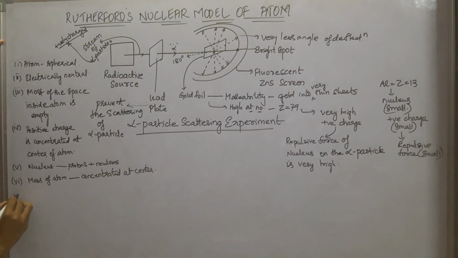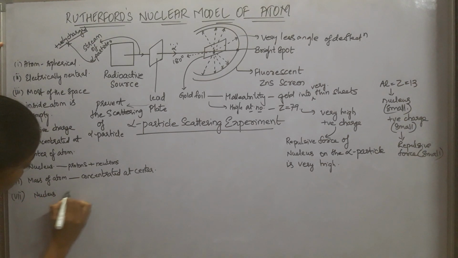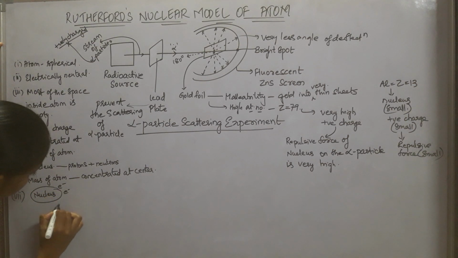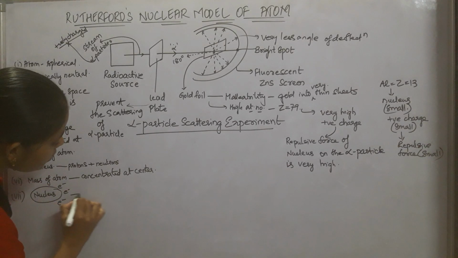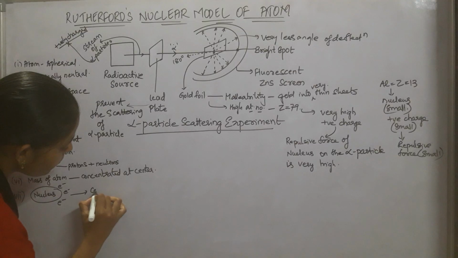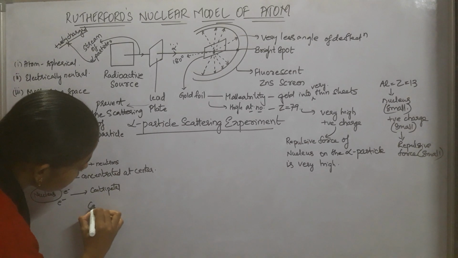He then concluded that the nucleus is surrounded by electrons. Here we have electrons around the nucleus. The nucleus and electrons are held together by two forces, centripetal force and centrifugal force.